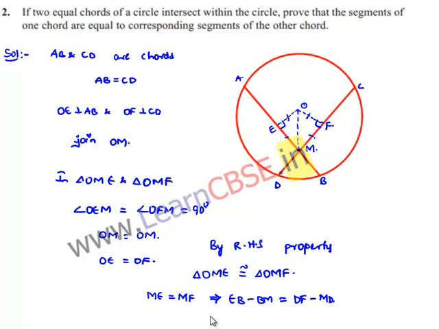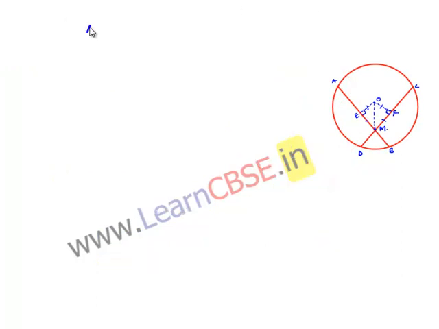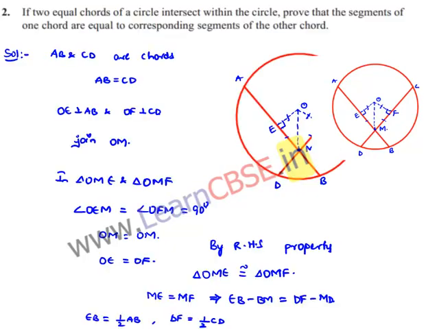But we know that the lines perpendicular to the chords from the center always bisect the chord. Therefore EB is equal to half AB and DF is equal to half CD. Let us substitute in the above equation, then we get half AB minus BM is equal to half CD minus MD.